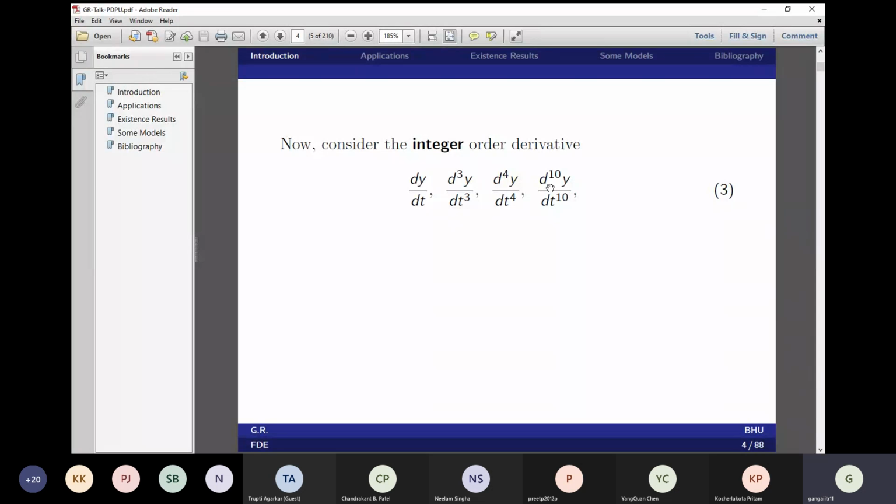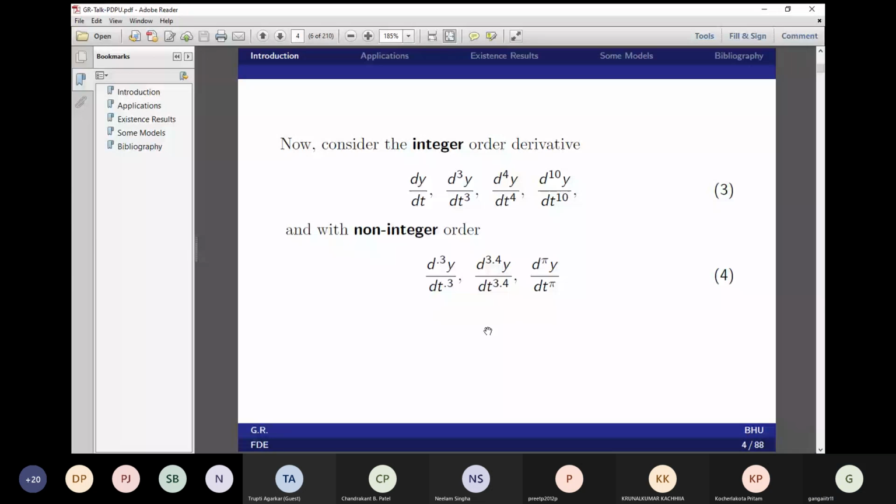But suppose you want to calculate a 0.3 order derivative, a 3.4 order derivative, or obviously the pi-th order derivative of a function y, then it is very complicated.